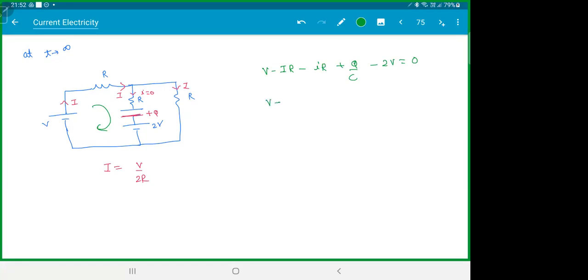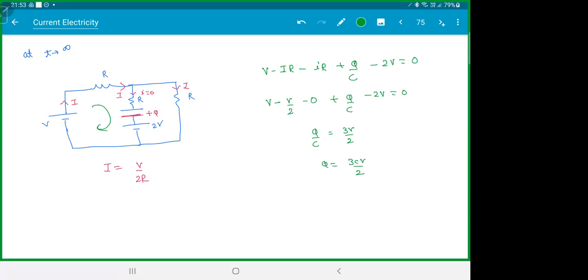So V minus IR will be V by 2, 0, Q by C minus 2V is equal to 0. Q by C is equal to 3V by 2. Q is equal to 3CV by 2. Check. The final charge on the capacitor plate will be 3CV by 2.